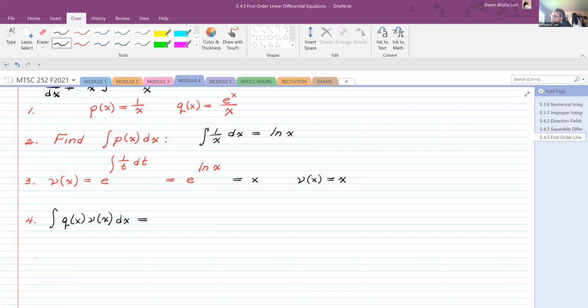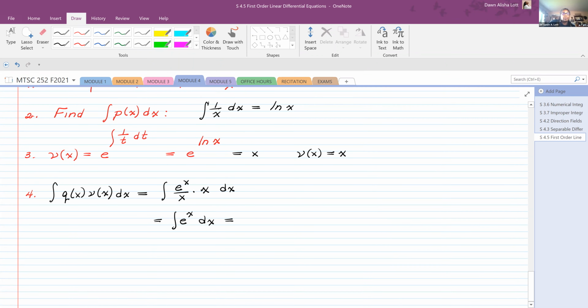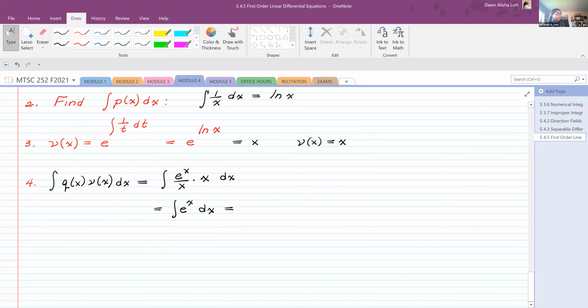Q of x was e to the x over x, and nu of x is just x, so this is the integral of e to the x dx. And what is that? E to the x.